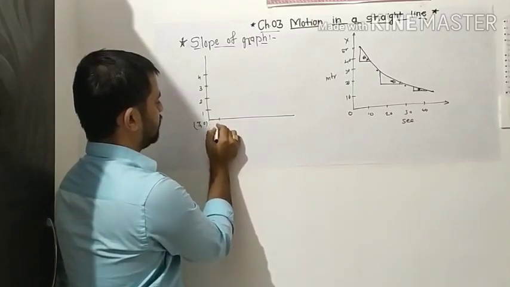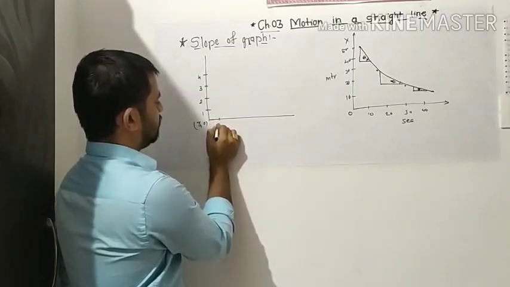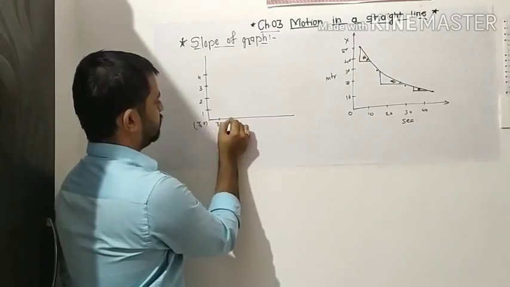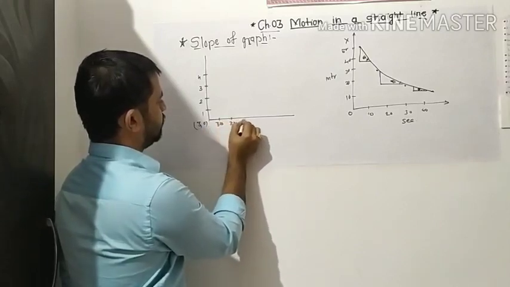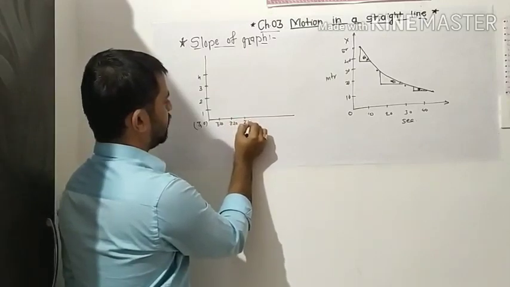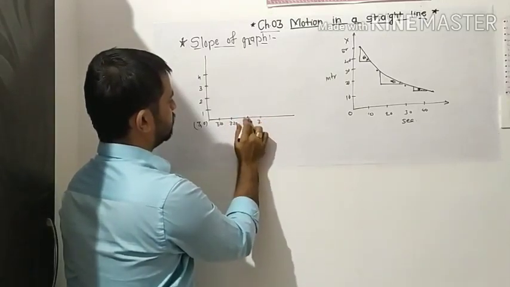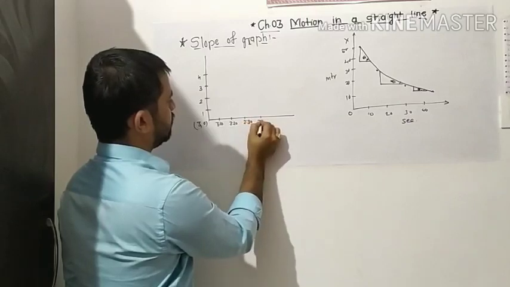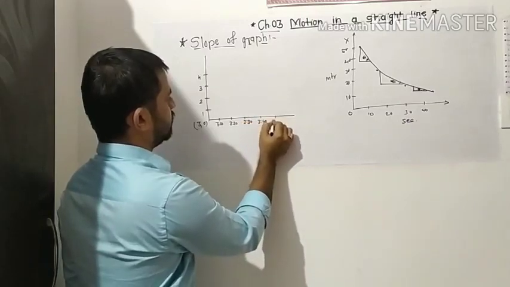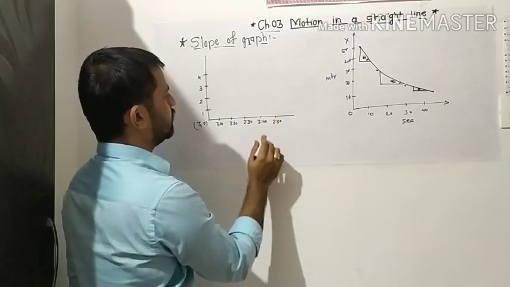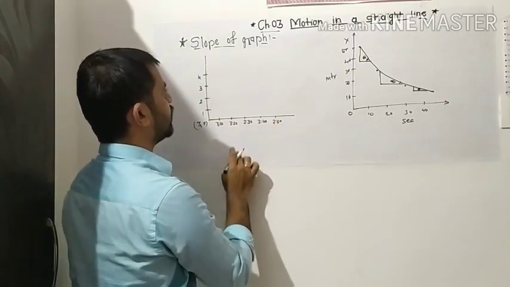This is 3, 3.10, 3.20, 3.30, 3.40, 3.50. Okay, suppose both have to reach up to this point.